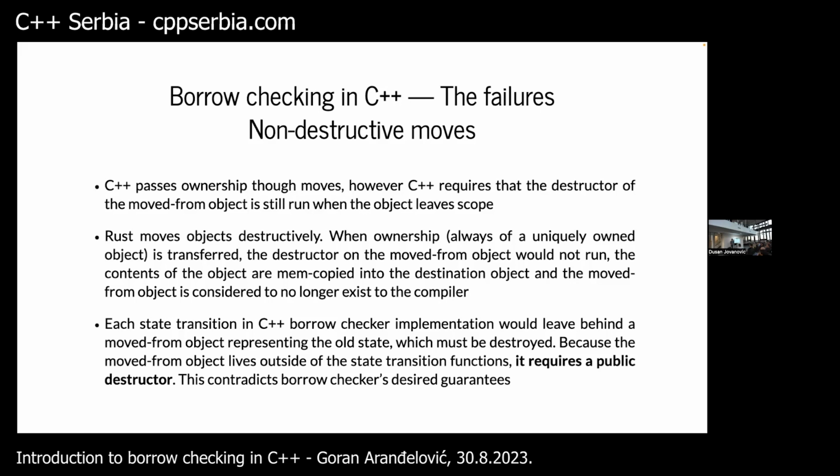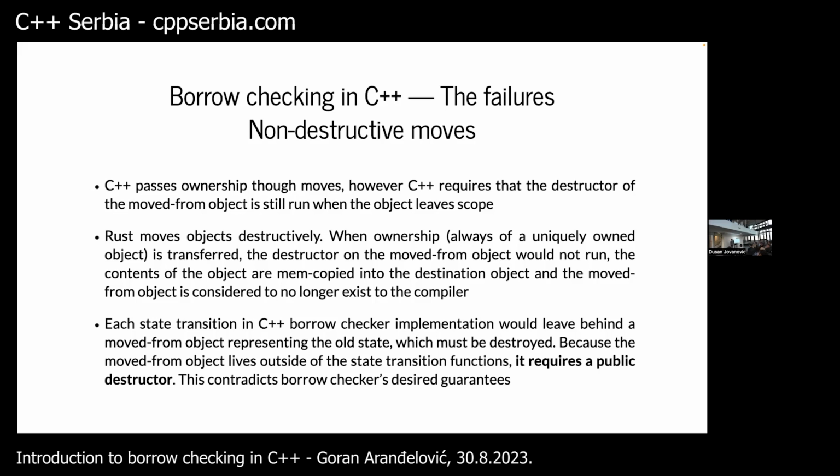In Rust, that is not the case. In Rust, if you move from one object, which in Rust looks like a simple assignment, the moved from object variable from the compiler perspective is completely destroyed. You cannot do anything about it later on.